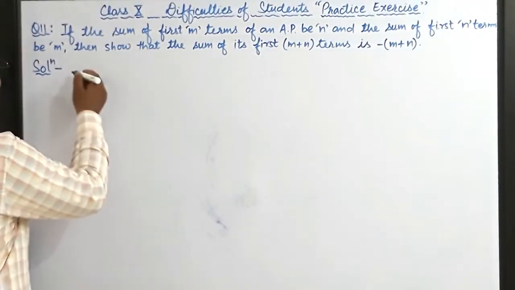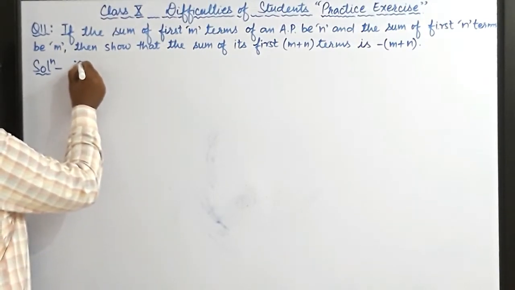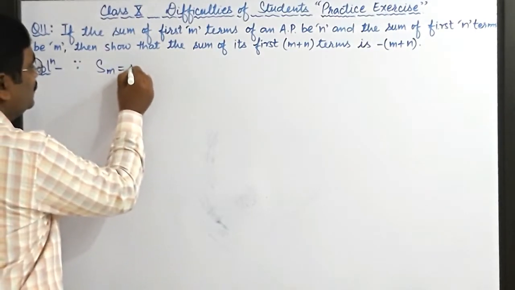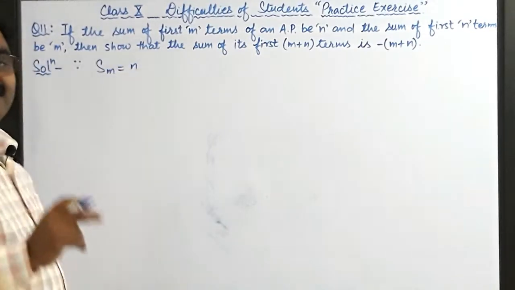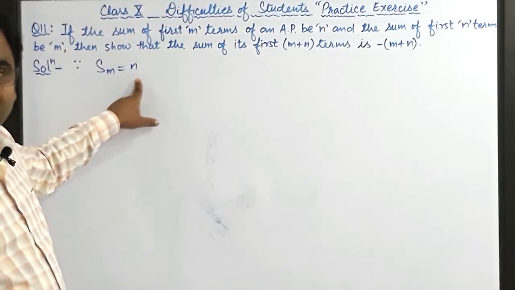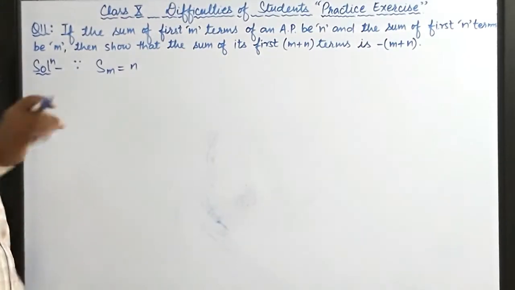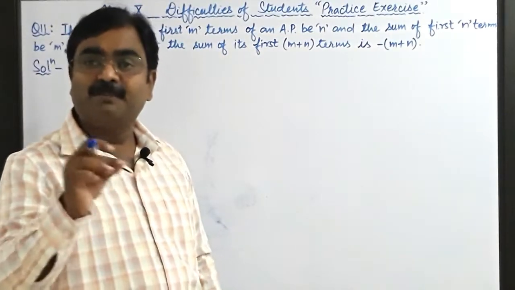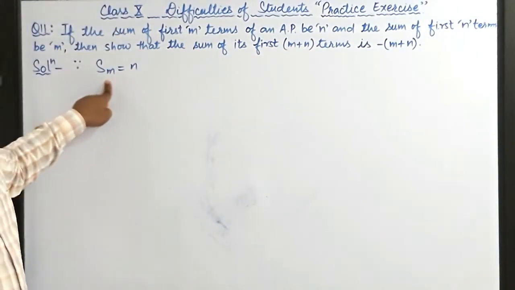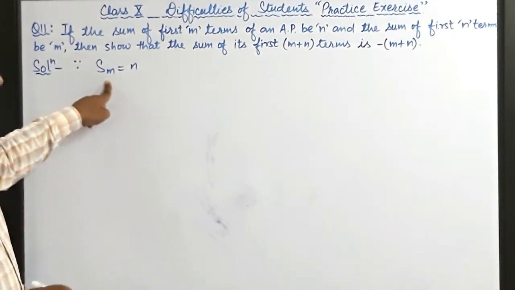According to this question the first information is given: Sm equals n. Now substitute the formula of Sm. As you know, Sn is equal to n upon 2 into 2a plus n minus 1 into d, the same as Sm is equal to m upon 2 into 2a plus m minus 1 into d.